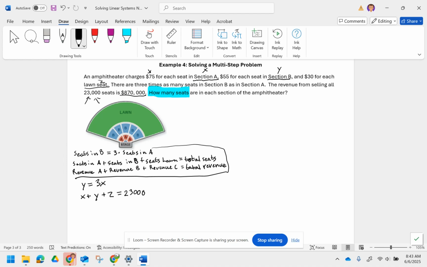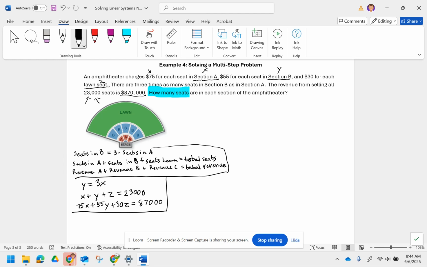Now the revenue at A was the cost, 75, times the number of seats. Revenue from B was the cost per seat times the number of seats. And the revenue for the lawn, cost per seat times the number of seats. And all of that together should give us 870,000. Fantastic. We've got equations that we can now start working with.